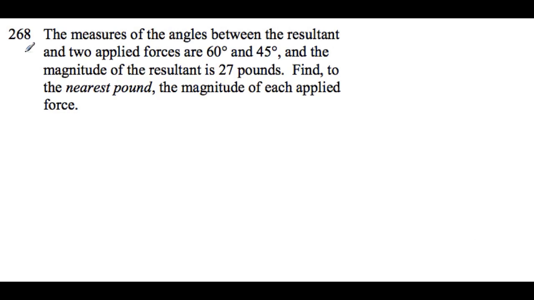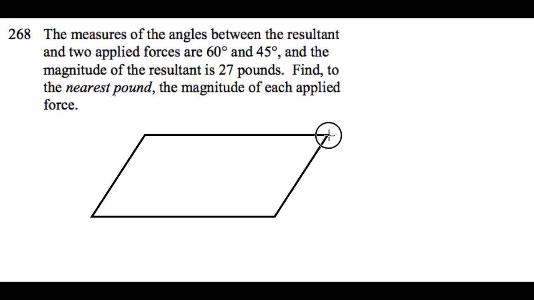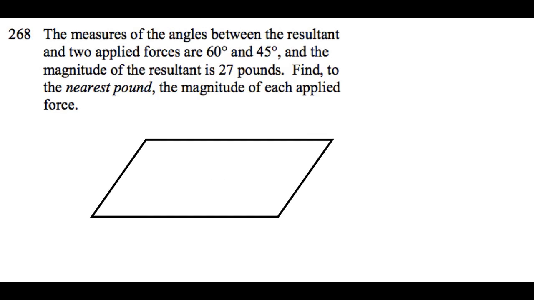Number 268. The measure of the angle between the resultant and the two applied forces is 60 degrees and 45 degrees. So what I have to do is draw a parallelogram and draw a resultant right over there in the middle.